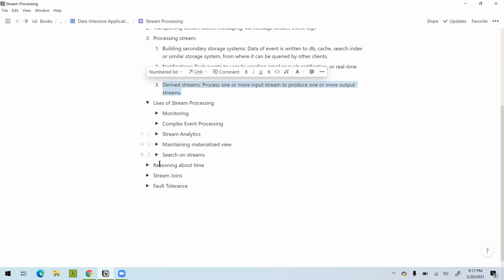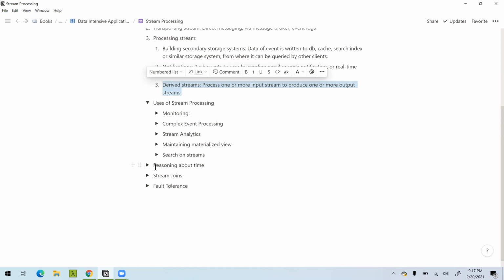Once we are done with that, then we will be discussing reasoning about time. So the main topic in this is that when we are doing any stream processing, we have to think about how we are reasoning about the time, in the sense that are we going to consider the time when the event happened or the time when we are processing that event.